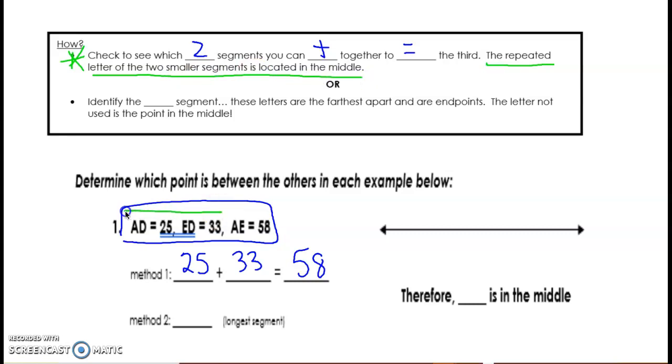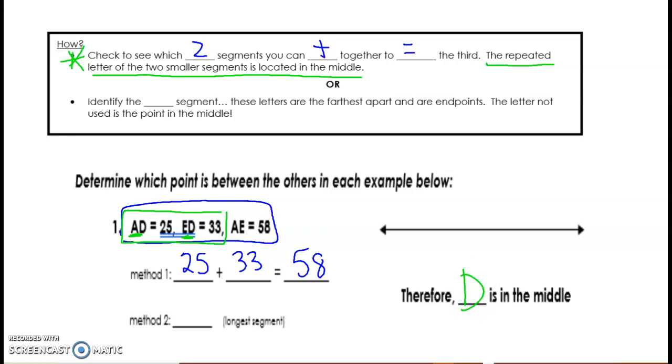So here's my two smaller segments, right? 25 and 33. Those are the two numbers I added together to get to my answer of 58. So looking at their labels, AD and ED, D is my repeated letter. So therefore, D is in the middle.